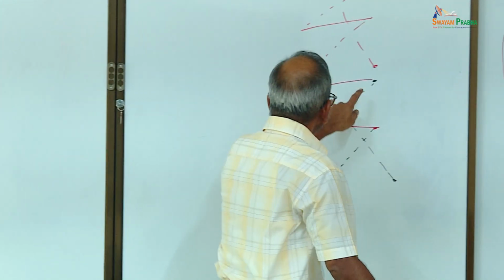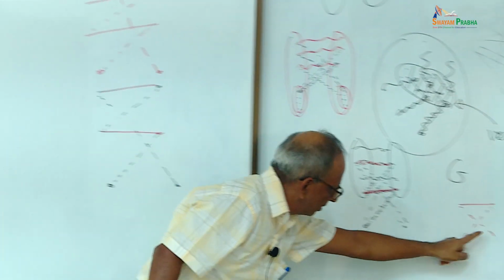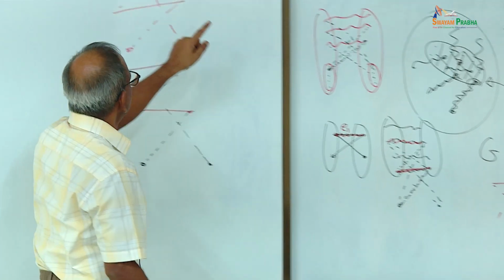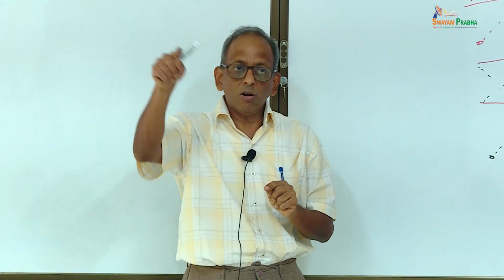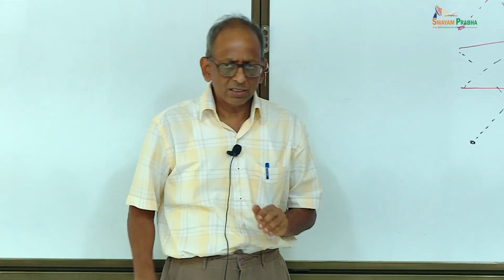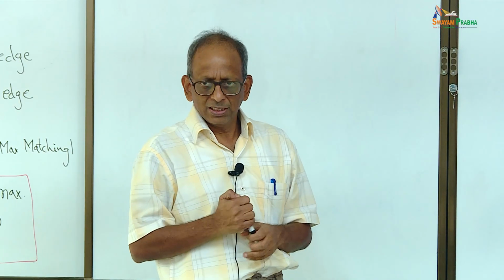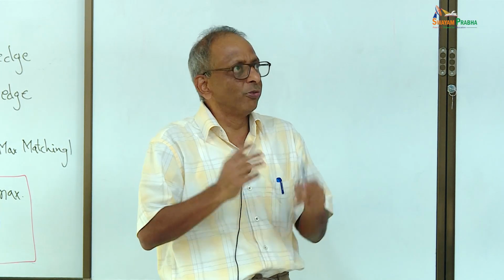So such things are called augmenting paths. Yeah. What does augment mean? Increase. A method for increasing the matching, improving the matching.